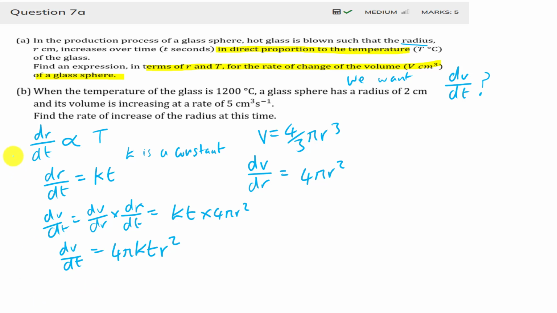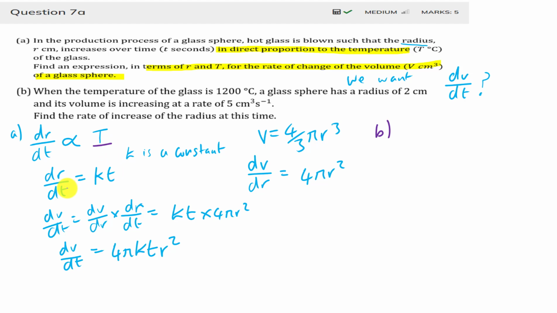So for part B, we read the question: when the temperature of the glass is 1200, the radius of the glass sphere is 2. Now, be careful because we've got T here, so look at my mistake.